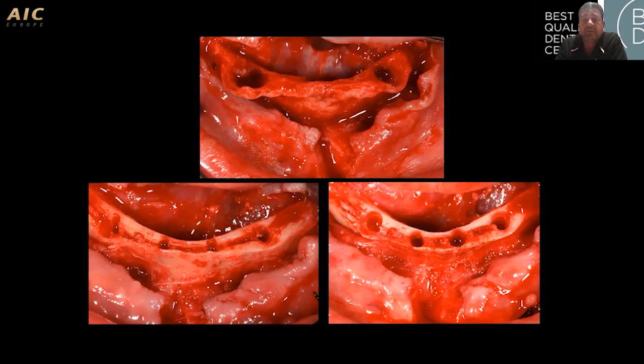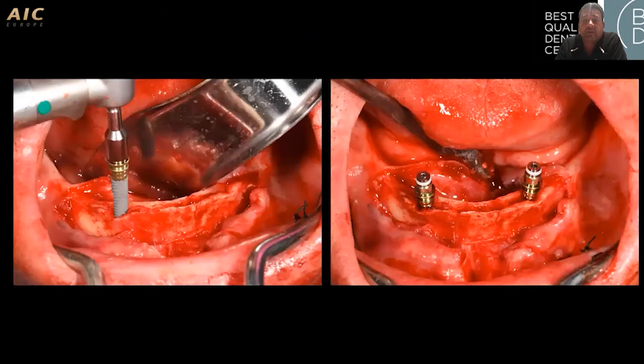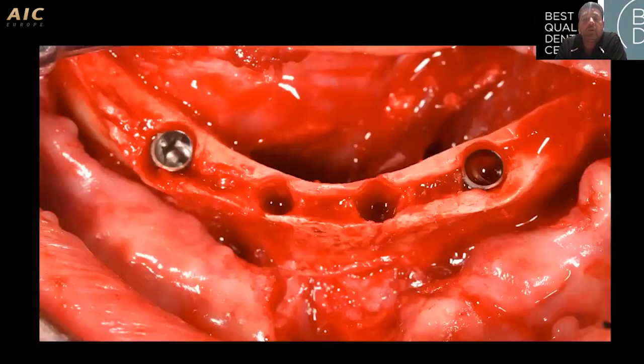We can see it's a very nice difference. So we are able to install 2 implants of 3.5 diameter. It's good enough, and looking at this image, we know we probably have enough bone around the implants to be more or less sure that it's going to work very well.